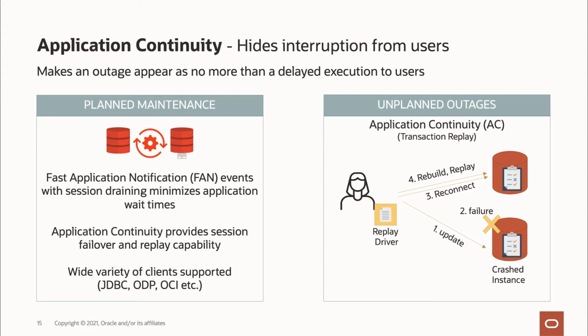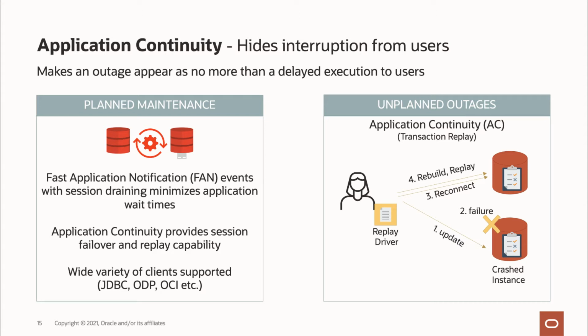FAN is enabled by default and notifies and therefore avoids stalling applications for long network waits. So this can actually drastically reduce network wait times from minutes to seconds or even seconds to milliseconds. In addition to FAN, application continuity can be easily enabled over autonomous database, and we mentioned this before.